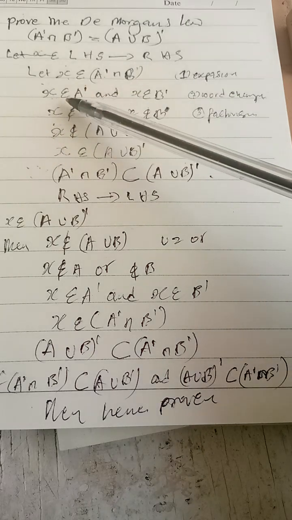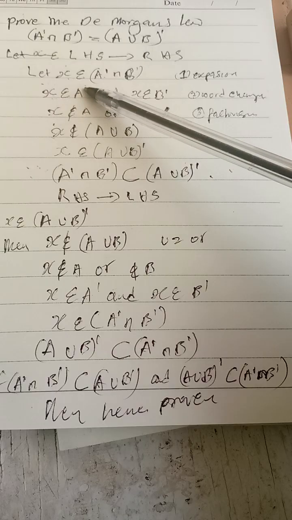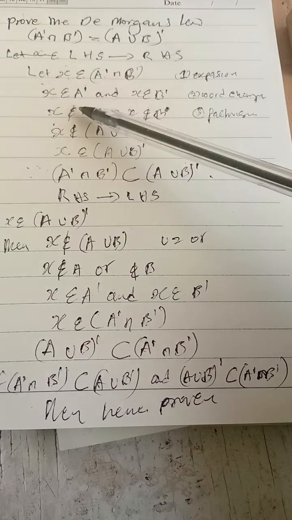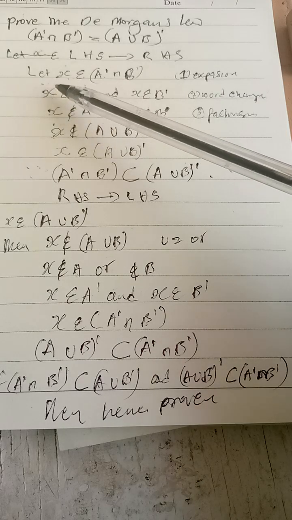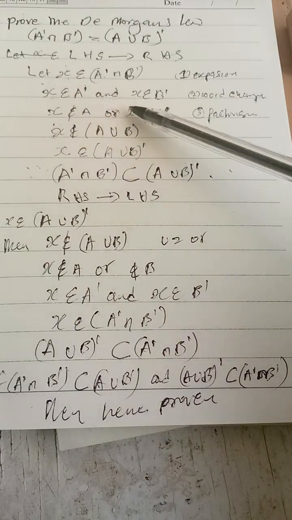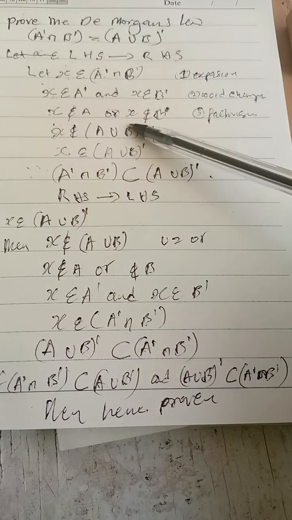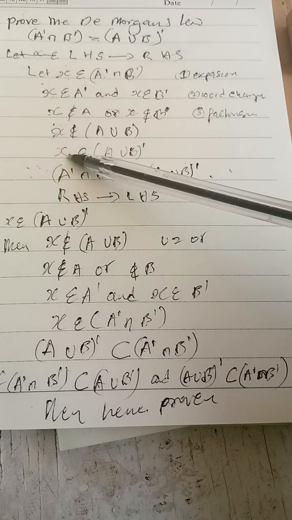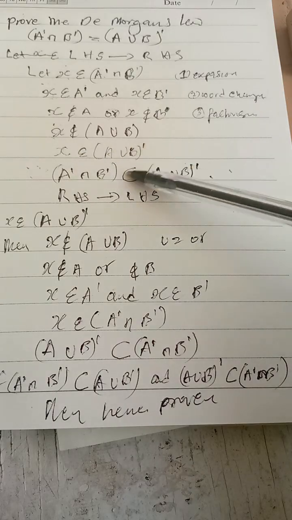From there, we say, if x is a member of A outside, then x is not a member of A inside. So from there we have this, we do the factorization, we have this, and we also write the final answer to say x is a member of complement.